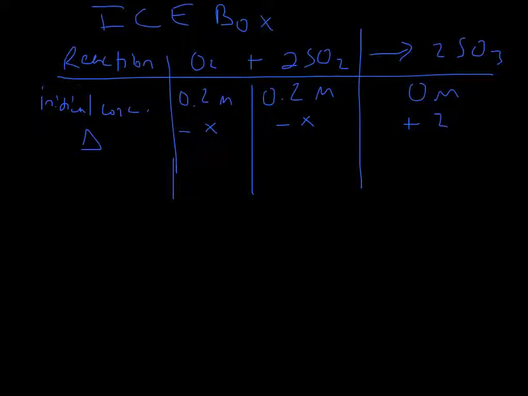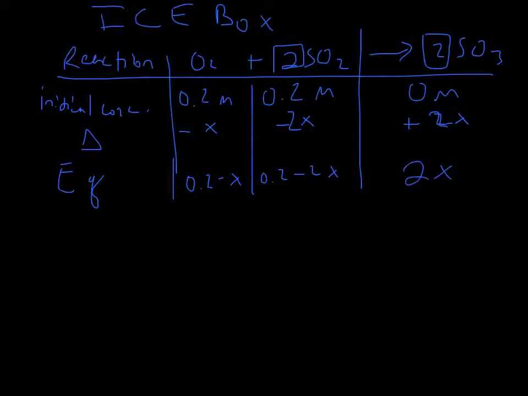In fact, this one actually gets minus 2x, and this one gets plus 2x because of those coefficients right there. Alright, and now the E stands for equilibrium. So at first we have 0.2 minus x for this one. So we're going to have 0.2 minus 2x. So we're going to have 2x for our answer.